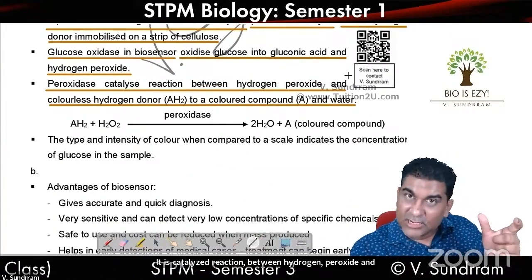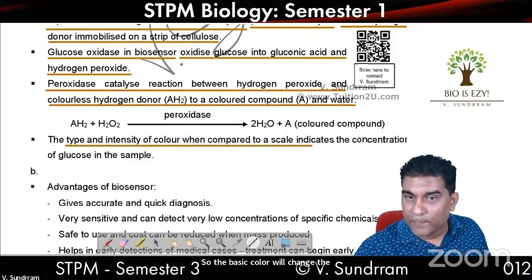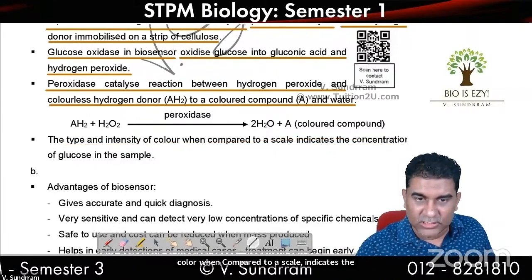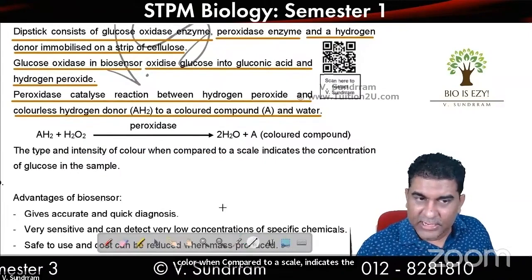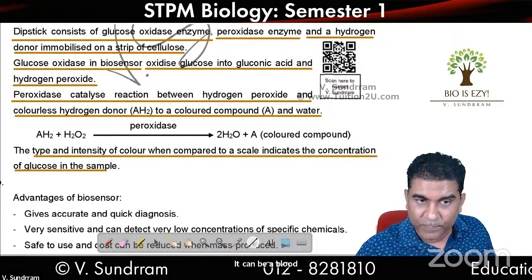The type and intensity of color compared to a scale indicates the concentration of glucose in the sample, blood or urine.